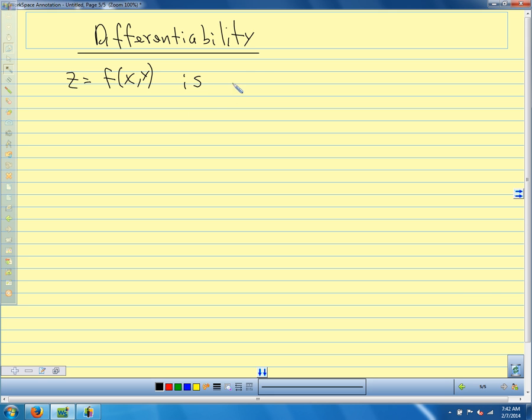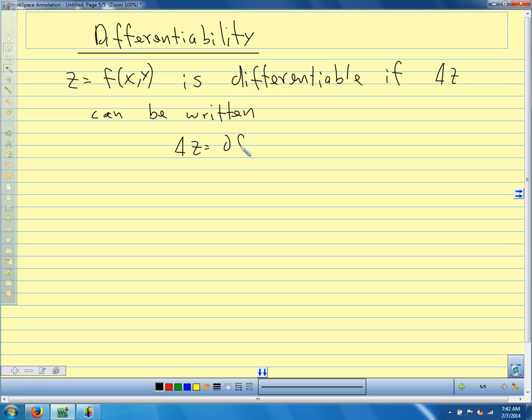Our definition of differentiability: if delta z can be written as delta z equals df dx delta x plus df dy delta y plus epsilon 1 delta x plus epsilon 2 delta y, where our epsilons approach 0 as delta x and delta y approach 0.